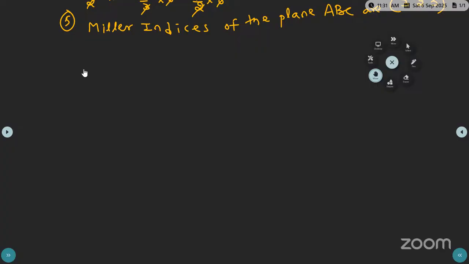First one: when a plane is parallel to any axis, the intercept of the plane on that axis is infinity.